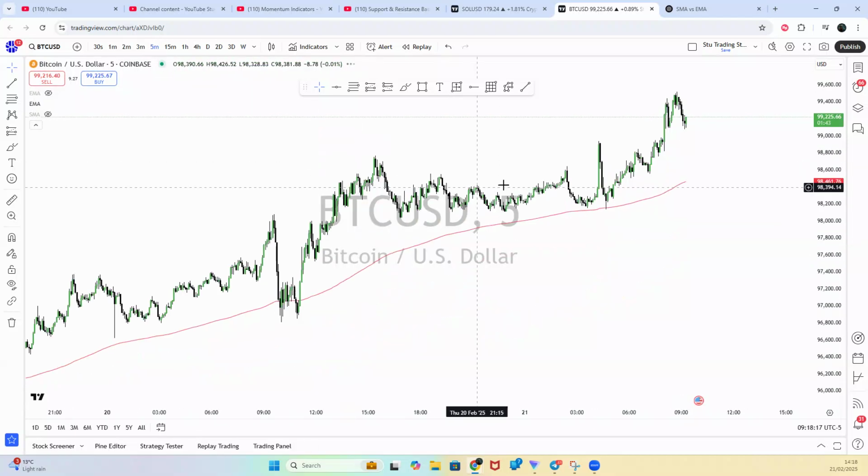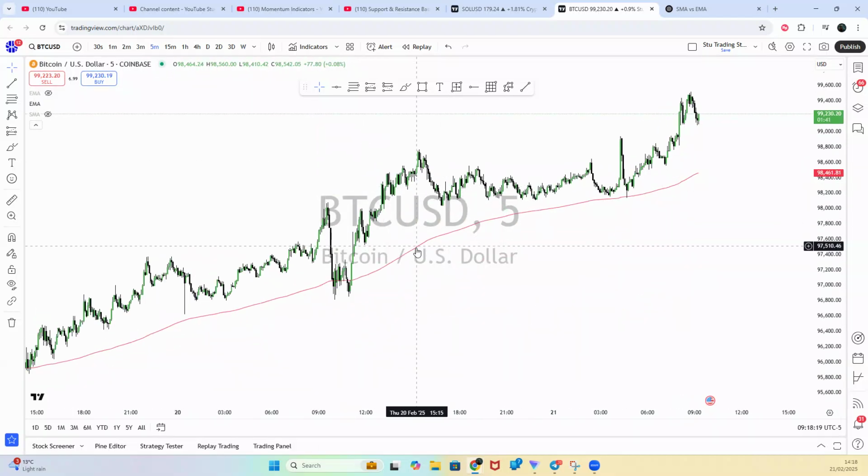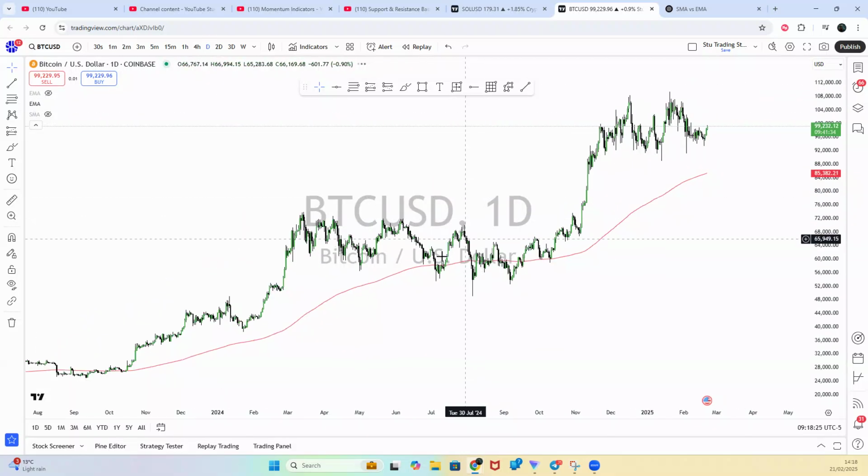Likewise, on a 5-minute chart, it's going to be looking at the last 200 5-minute candles. So if we go back to the daily, this would be considered a slow moving average. What traders often do is add a fast or even two faster moving averages that can help them see quicker changes in trend, if you like.